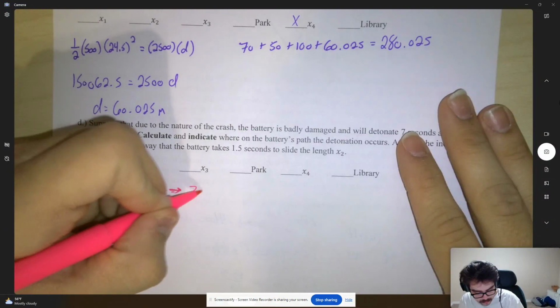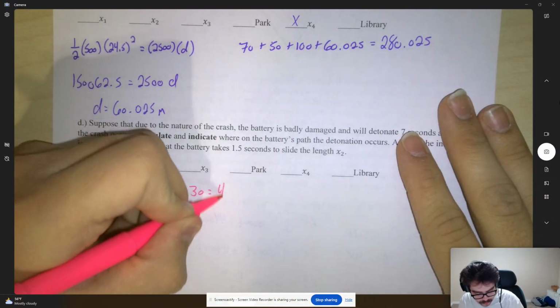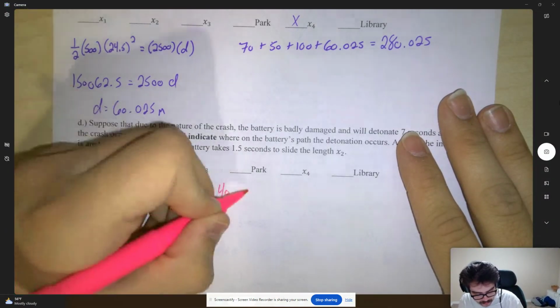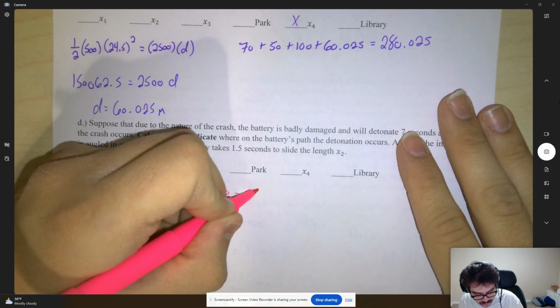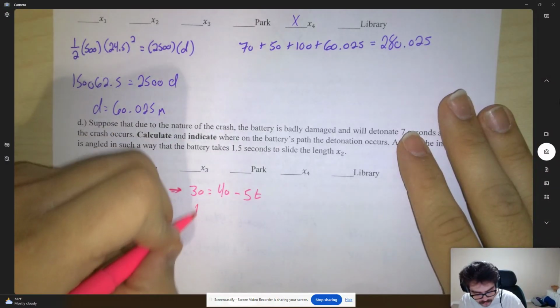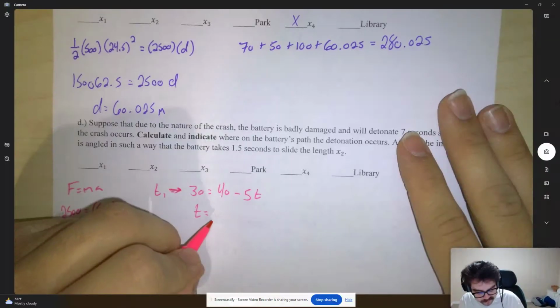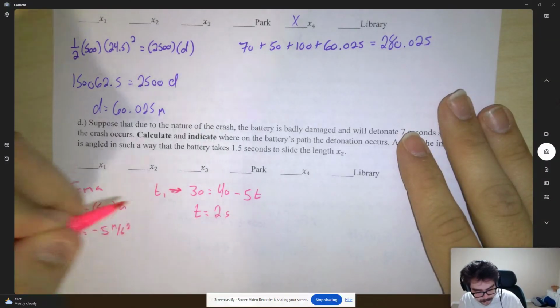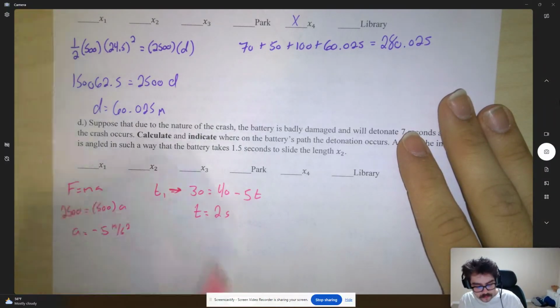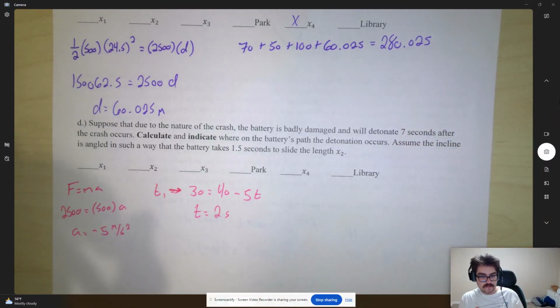So 30 equals 40 minus 5t, and then we should find that t is equal to 2. So I'm at 0.4 plus 2, which gives me 2.4.